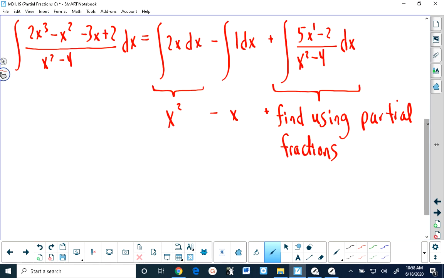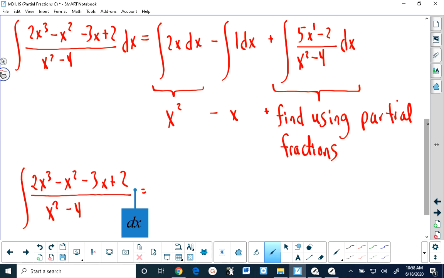That takes us to the end of our major detour. We had said, this is where we left off, that the integral of (2x³ − x² − 3x + 2)/(x² − 4) was equal to the integral of 2x, which is x², minus the integral dx, which is x, plus the integral of (5x − 2)/(x² − 4).